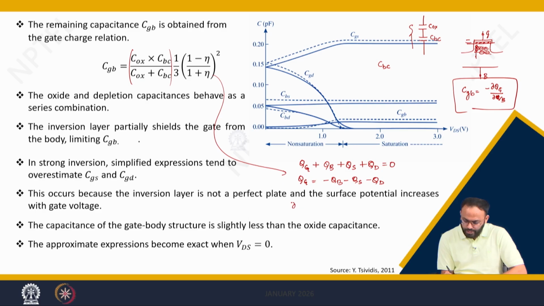If I want to find the change in QG with respect to the change in the body voltage, I can rewrite it as minus delta QB divided by delta VB, minus delta QS divided by delta VB, minus delta QD divided by delta VB.